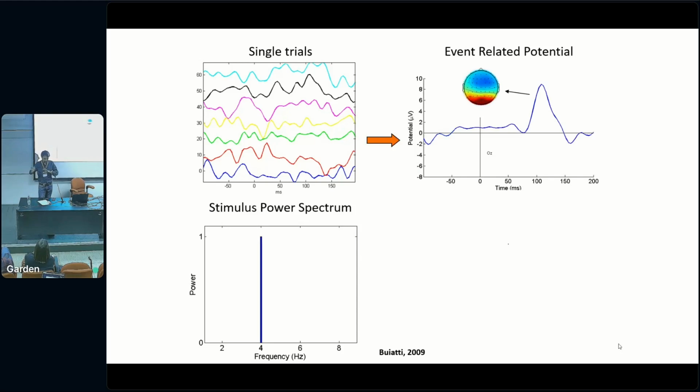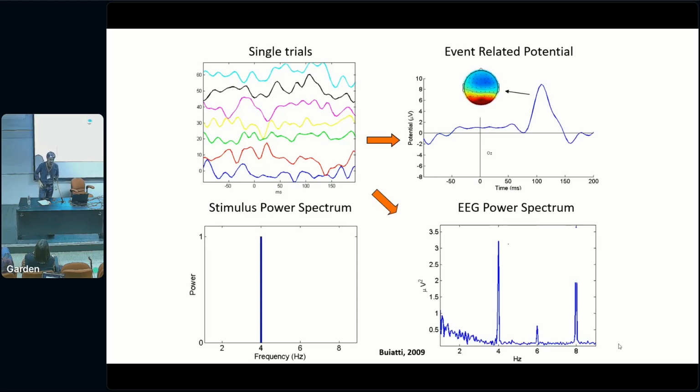So in this sense, instead of looking at the signal in time, you look at the signal in frequency, and you typically have a very sharp peak, in particular if you have a relatively high frequency. So as you see here, now you can take a measure which is amplitude of the power spectrum at the frequency of stimulation divided by the average of the amplitude of the power spectrum in neighboring frequencies, and then you obtain again a very similar topography because it's the same source, but with the signal to noise ratio that is in this particular case 5 times the ones that you obtain with ERP.